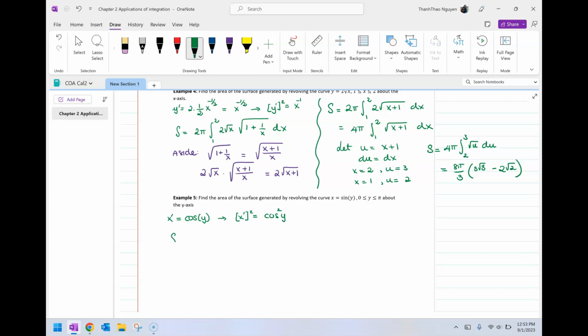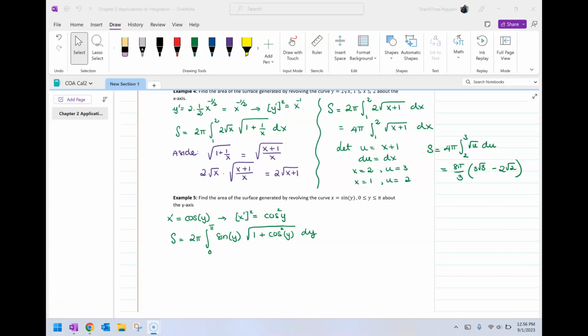So the surface area equals 2 pi times the integral from 0 to pi of sine of y times the square root of 1 plus cosine squared of y dy. And we will estimate the value of this integral by using Google Sheets again.